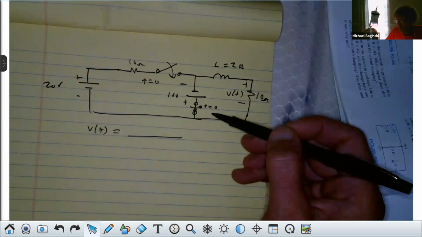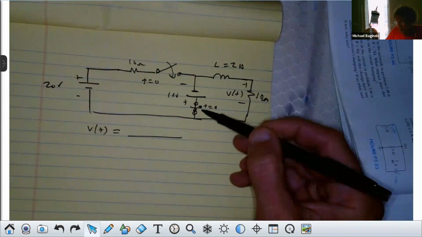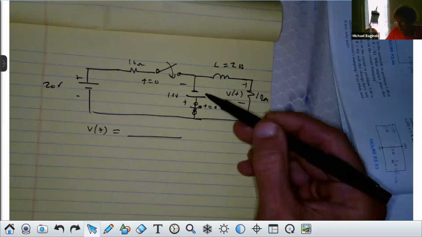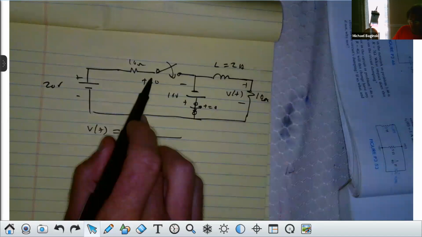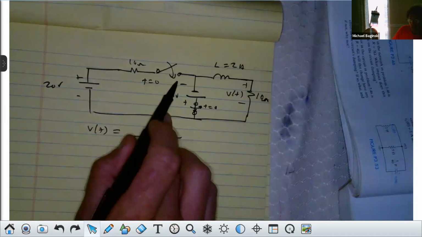Follow me? It's shut, but then it opens. Now, when that opens, this goes away. Y'all with me? But I got a switch that was open and closes at t equals 0. Are you with me? That will be there for t greater than 0, and it will be the source that dominates what happens.